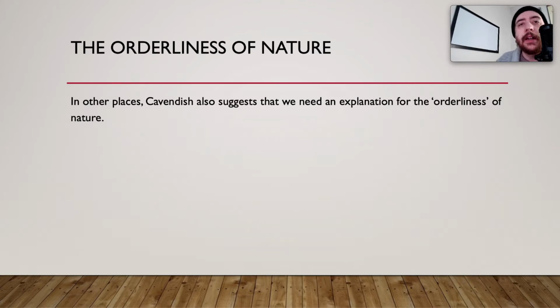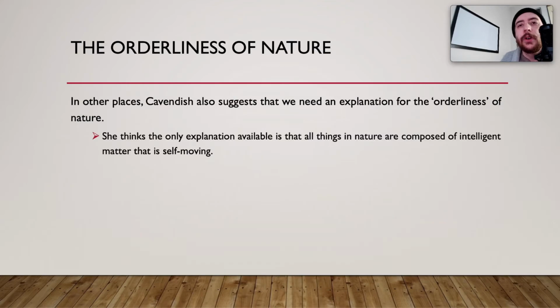Now, in other places that we didn't read, I'm just going to suggest this, because we didn't go through this reading, but she suggests that we need an explanation for the orderliness of nature. So she thinks the only explanation available is that all things in nature are composed of intelligent matter that is self-moving.